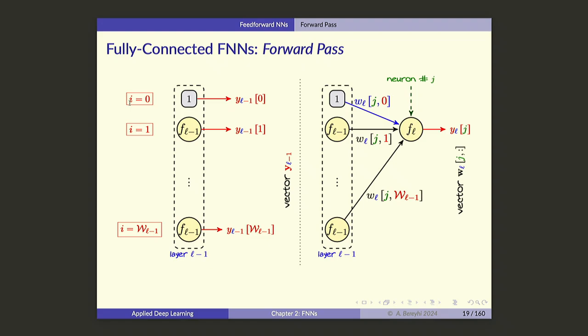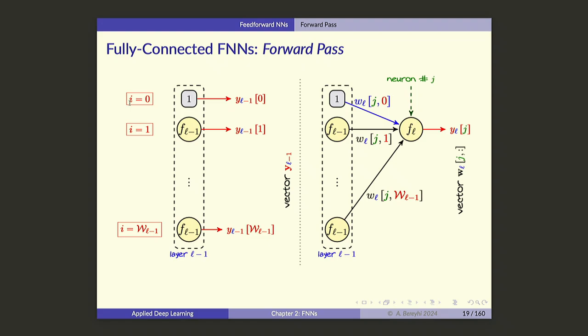So for every single neuron here, I can write Y of the previous layer, index I, and then I am going to write down the weight. For the weight we use the notation W, so it is a weight of layer L. Here we have node J, which is the node that we are talking about at layer L, and then at the other one, we have node I. This is what we get, where it comes from the other layer.